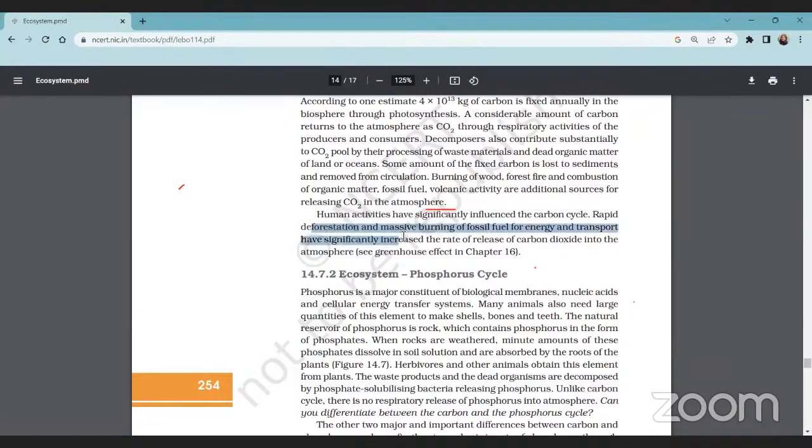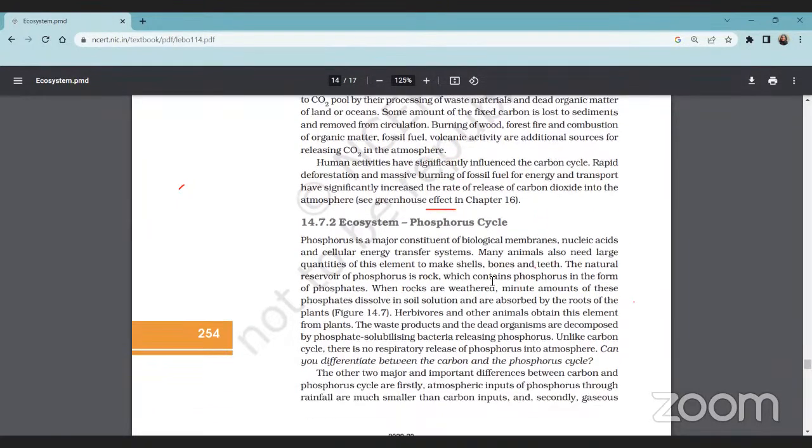Rapid deforestation and massive burning of fossil fuels for energy and transport have significantly increased the rate of release of carbon dioxide into the atmosphere.